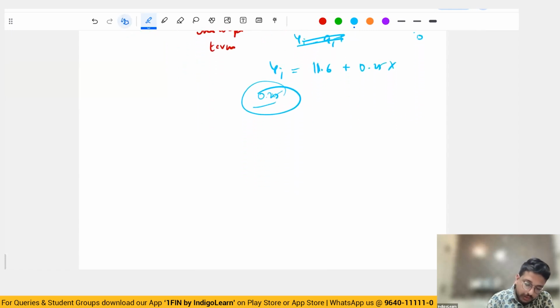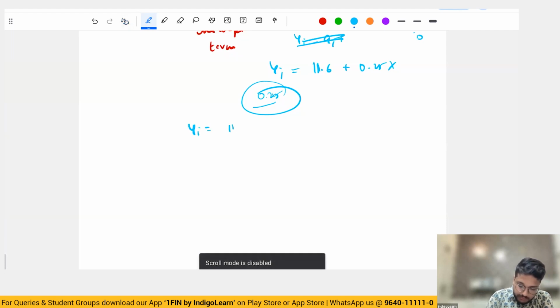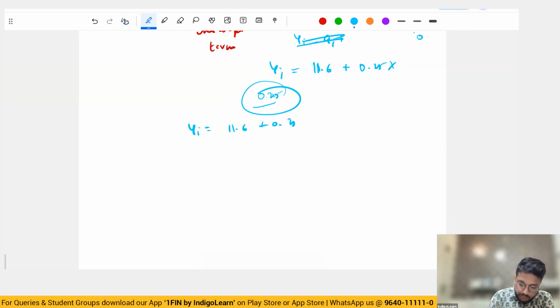So can I put it this way, that if yi equals 11.6 plus 0.25x, you are from a maths background or non-maths background? Maths background. Right, so that would be 0.25.